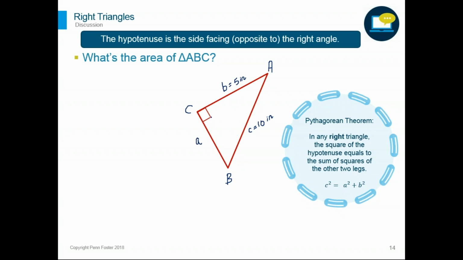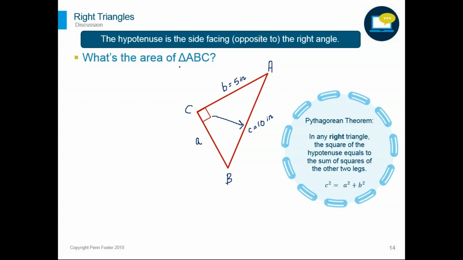So this is the right angle. The side opposite to that would be the hypotenuse. So it's again, the square of the hypotenuse equals to the sum of the squares of the other two sides in that right triangle. So this theorem is again special to right triangles. I have seen students using this theorem with any other triangles, which is not going to be giving you the right answer.